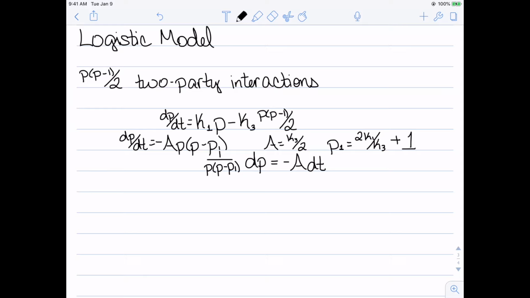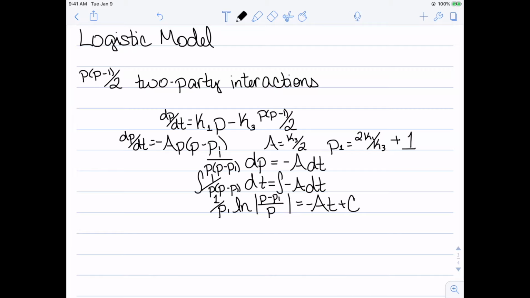And then we can integrate both sides. The integral on the left is a difficult integral to do, but we can use integral tables and look it up, and we get 1 over P1 times ln of the absolute value of P minus P1 over P. On the right-hand side, we get negative AT plus C.